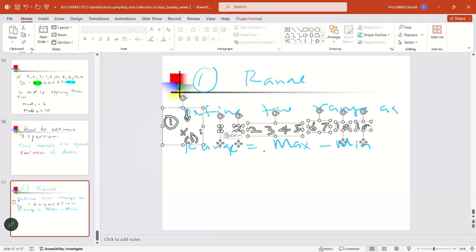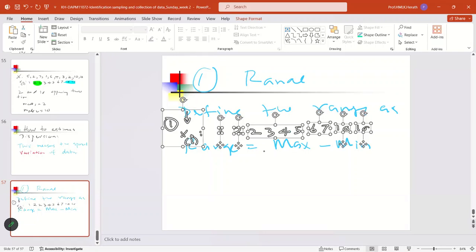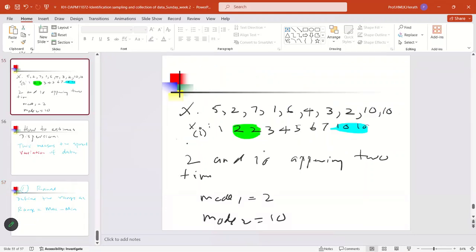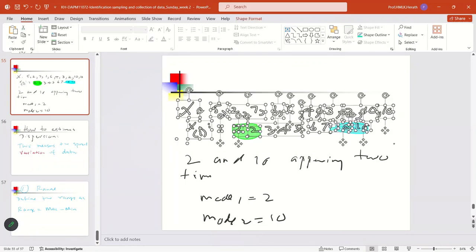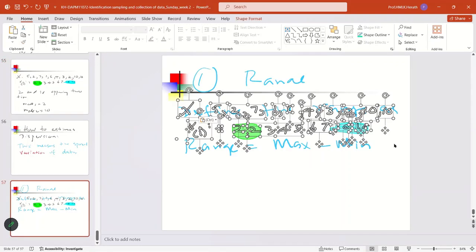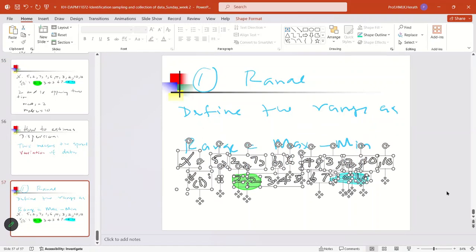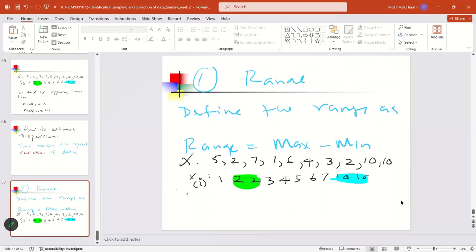If we take our data set, it looks like this.